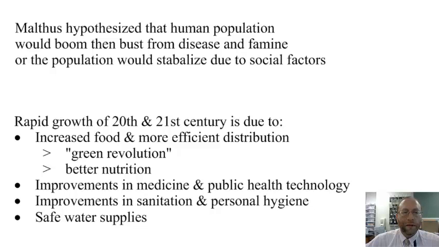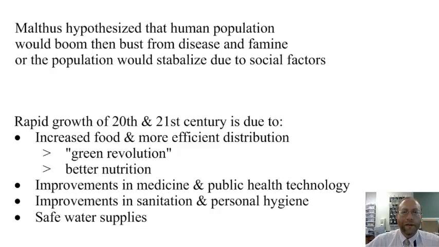Now, the rapid population growth of the 20th and 21st century is due to a number of things you see here. It's due to increased food and more efficient distribution. It's due to, this is from the Green Revolution, which we'll be learning about later, and also due to better nutrition. Also improvements in medicine and public health technology, and improvements in sanitation and personal hygiene.